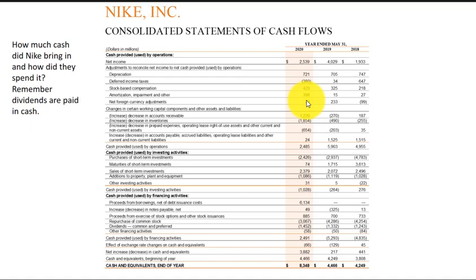We noticed that their cash is pretty high. They've got almost $9 billion, or $8.5 billion. Where did it come from? What did they use it on? They bought some investments. They bought some more property and equipment. They bought back their stock. They paid some dividends, which is the financing.